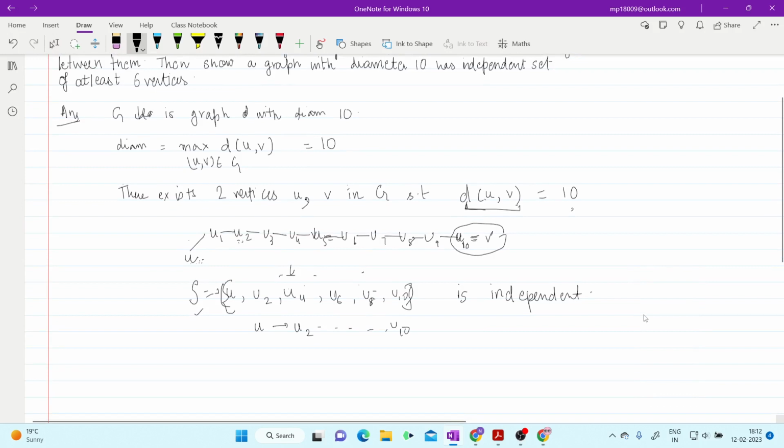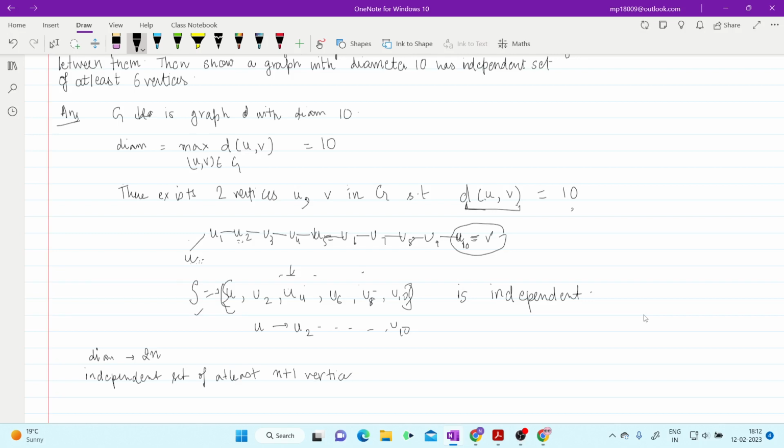Let's try to generalize it. Suppose the diameter is 2n. Can we say that it has an independent set of at least n plus 1 vertices?